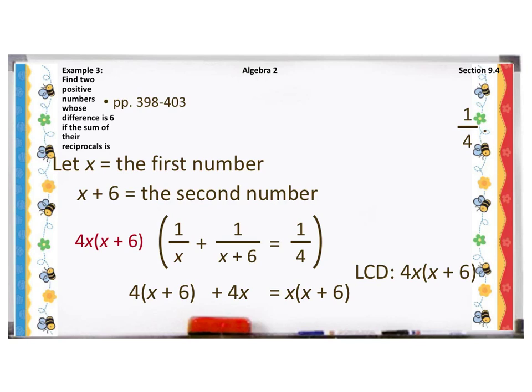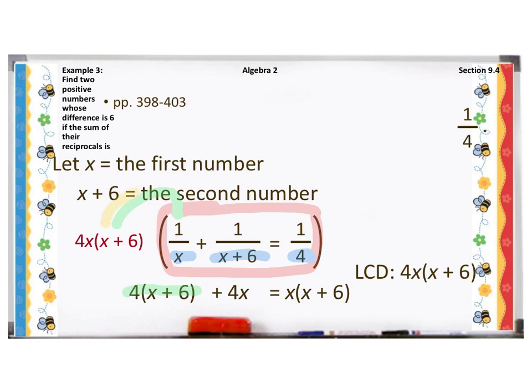Okay, what we're trying to do is solve this equation right here. All right, we found our lowest common denominator is 4x times x plus 6. When we distribute this in, when I multiply it times the 1, the x crosses off, and I'm left with 4 times x plus 6.